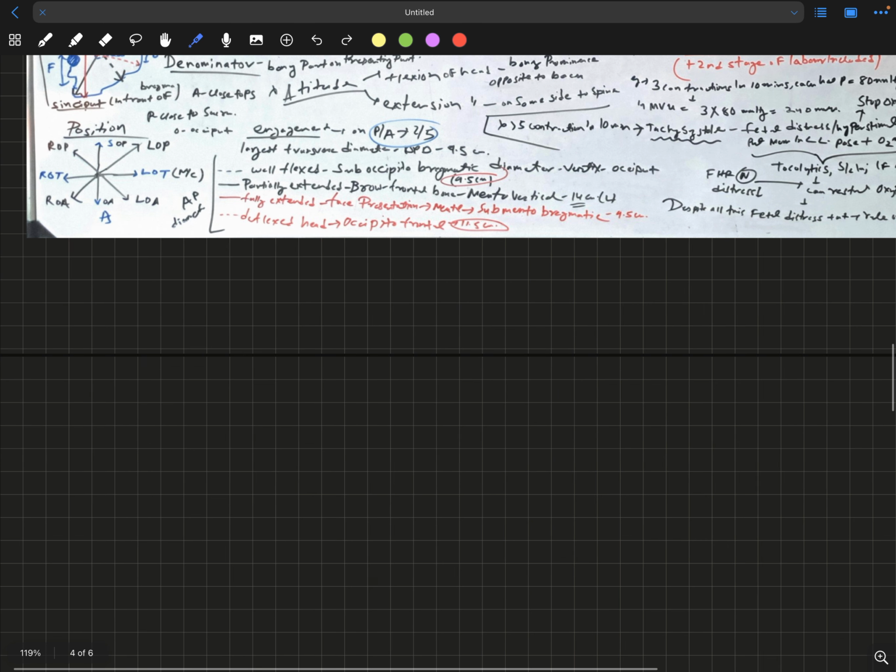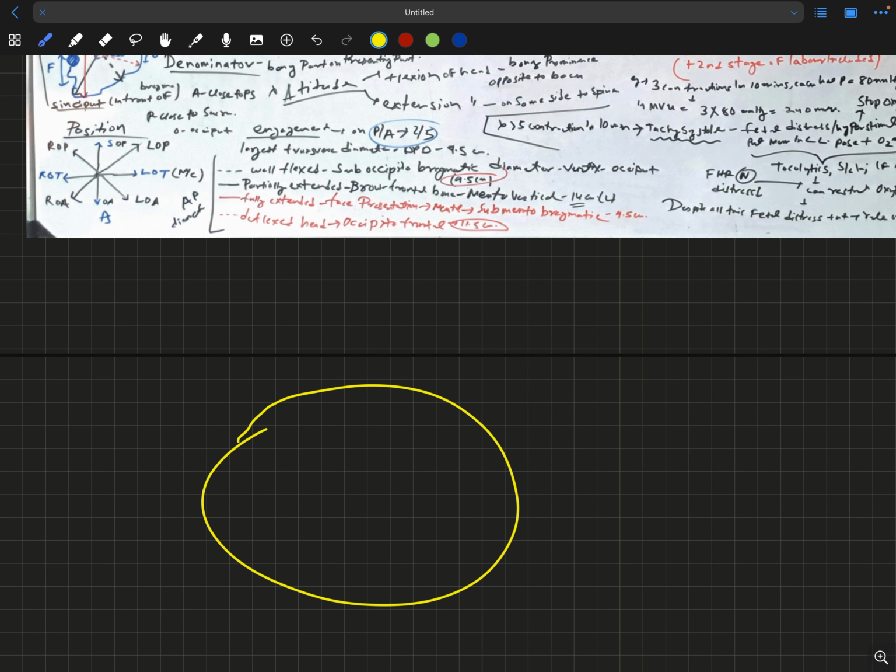I am drawing a diagram here. You can see, this is the pelvis, this is the sacrum, this is the pubic symphysis, and these are the hip bones.